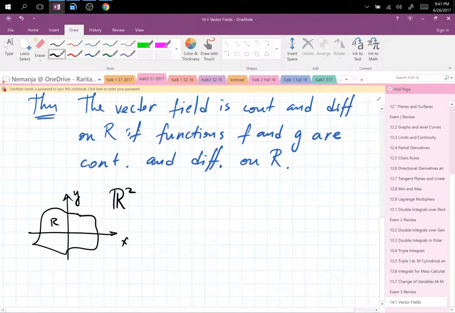All right, so what are these vector fields doing? So the vector field is going to describe mathematically certain phenomena in physics and engineering and so on.